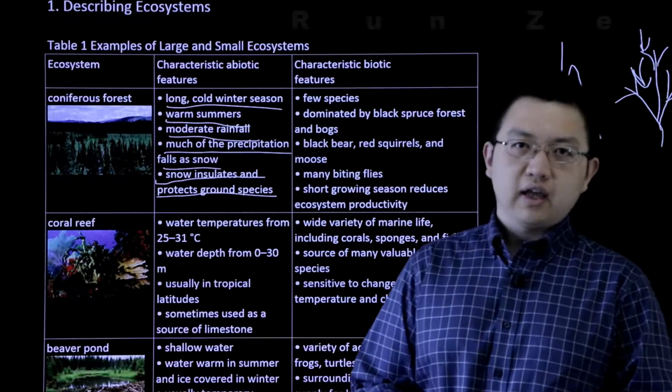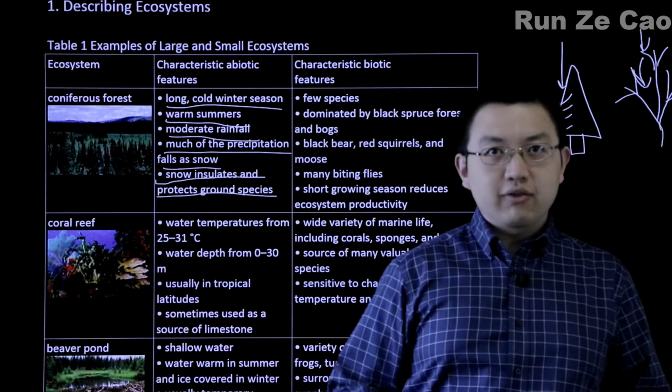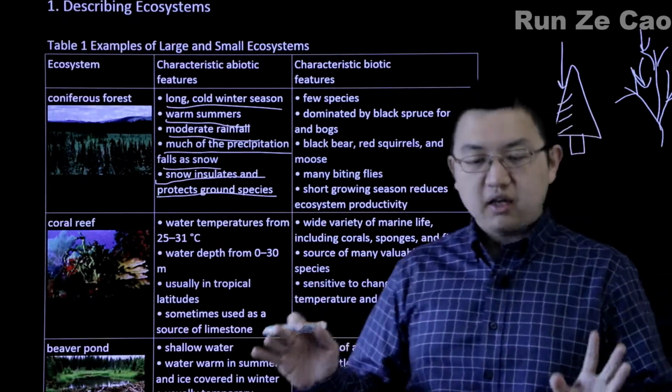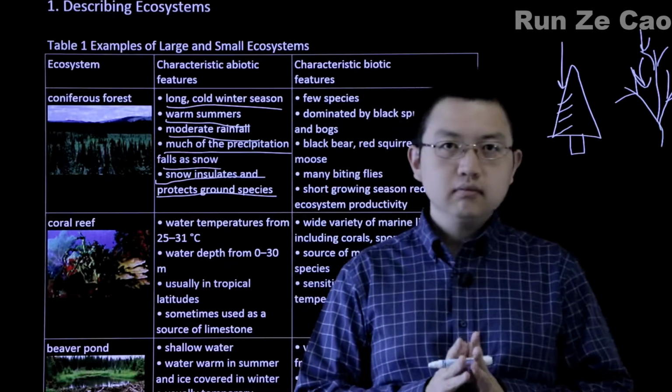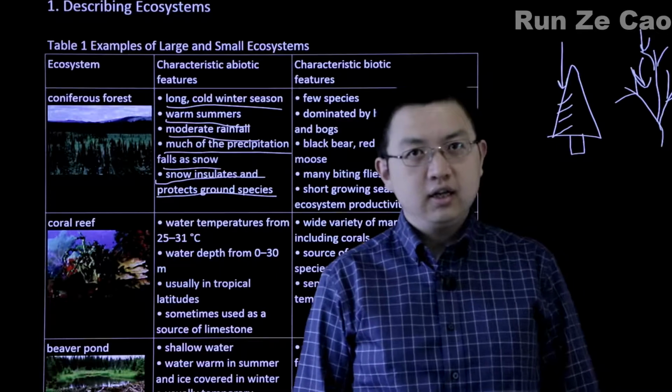Because, say monarchs, they have several generations a year, even several generations per migration, north to south. Now, think about the last ice age. Alright, so huge sheets of ice covered much of North America.